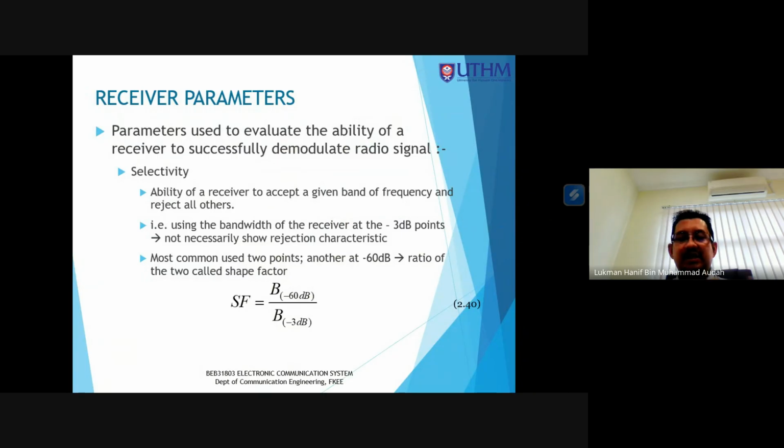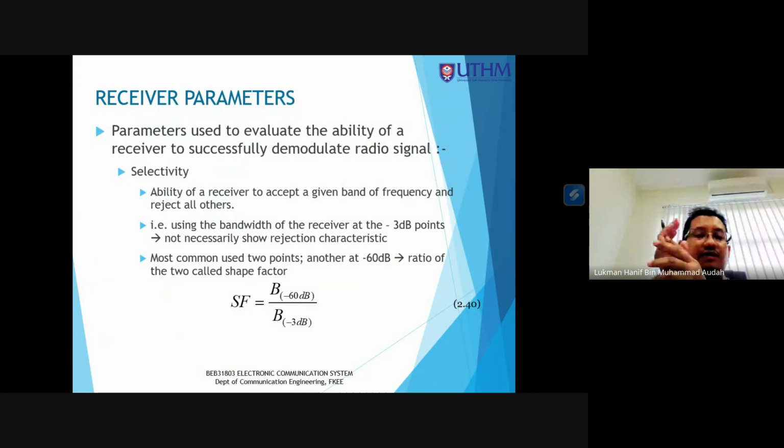The next slide is about the receiver parameters. In this slide, RF receiver parameters. The first one is the selectivity. Selectivity is a parameter that determines the ability of the receiver to select the desired frequency band and reject all the other unwanted frequencies.